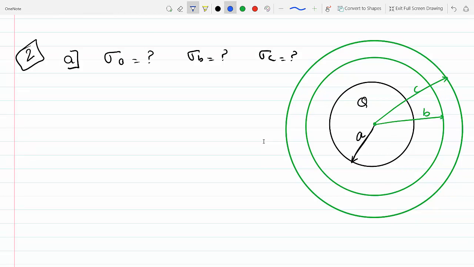Which means on the surface of the first shell, surface charge density is just total charge divided by the area, assuming that it's uniform. Or you could just say Q is equal to sigma dA.